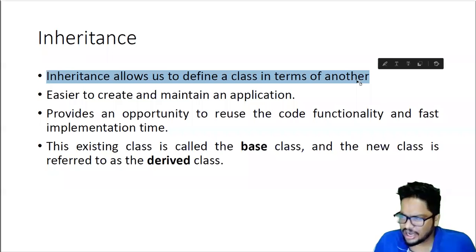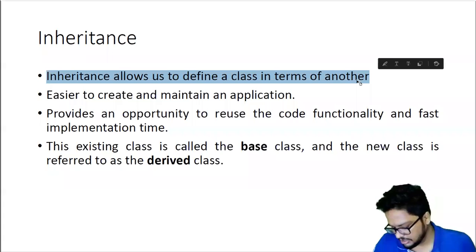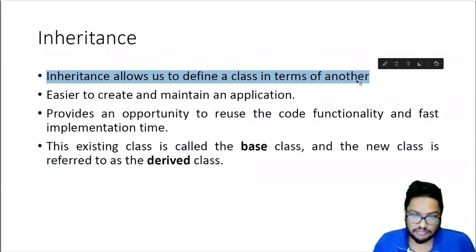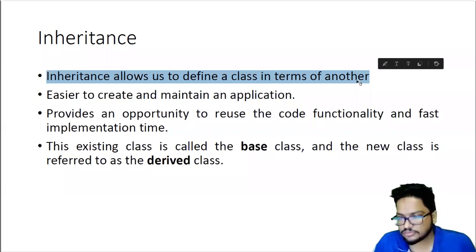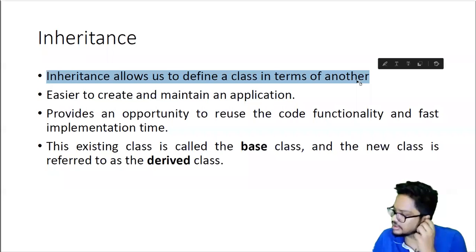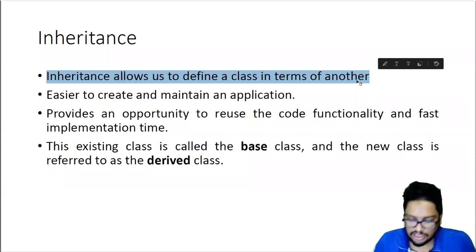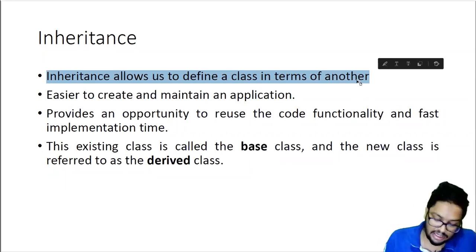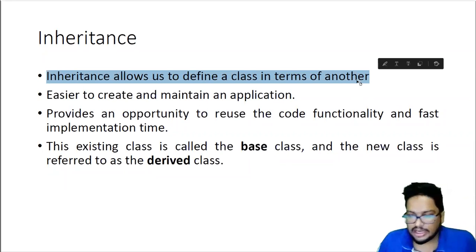This is a very simple concept, but it can be used to simplify our code as well as to make our code efficient. Okay, so don't think about this too much. Inheritance is basically creating a new class from an already existing class.